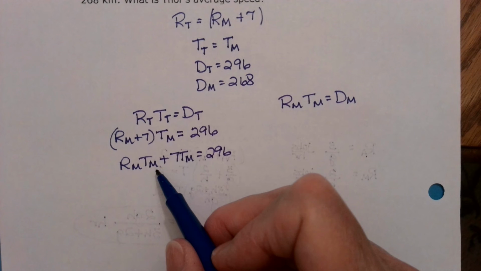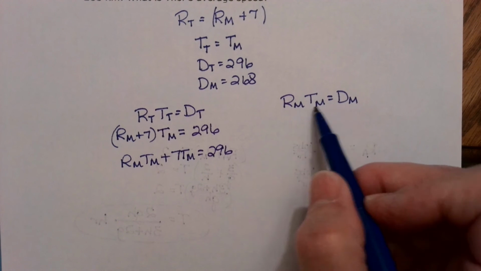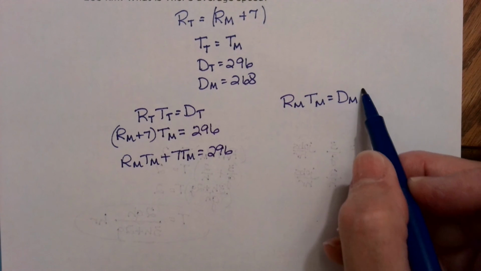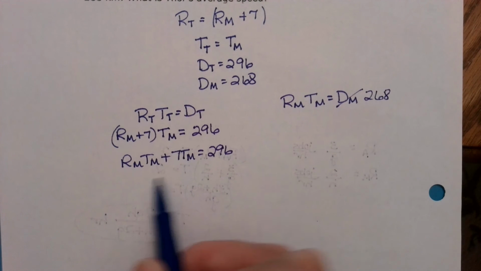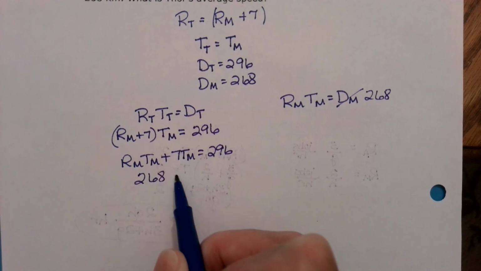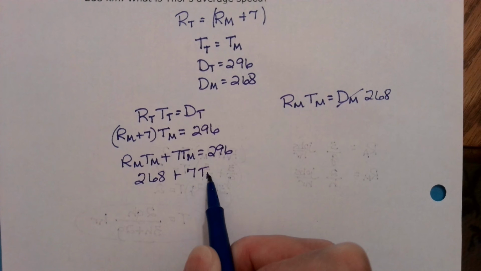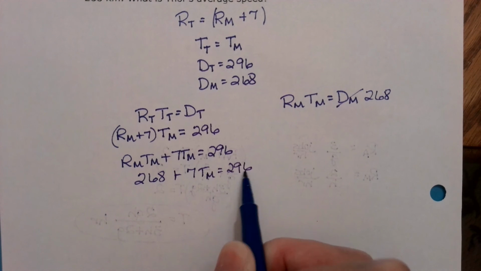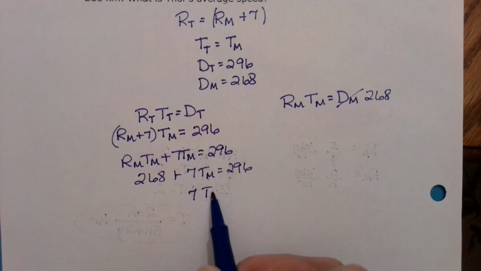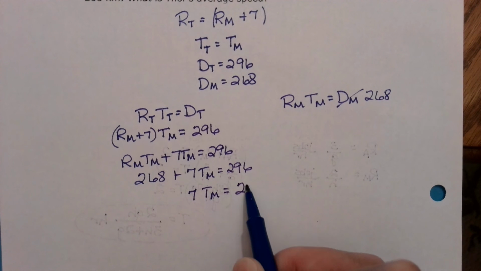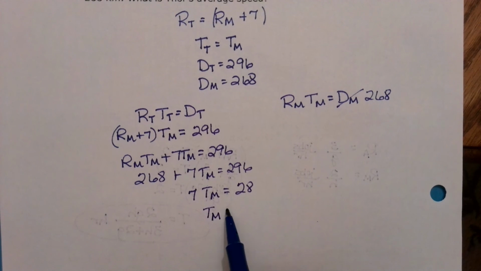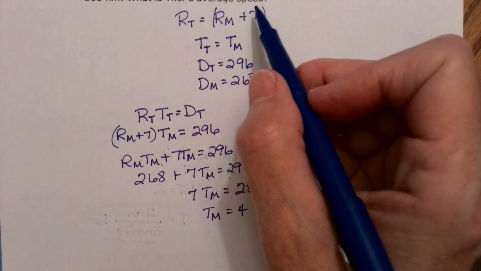Now, I've got this right here, but I know what that is because it's going to be equal to whatever the distance is, and the distance is 268. So I can plug 268 right here. And then I can subtract it from both sides and solve for Mia's time. Now, that's not my answer, but it is Mia's time.